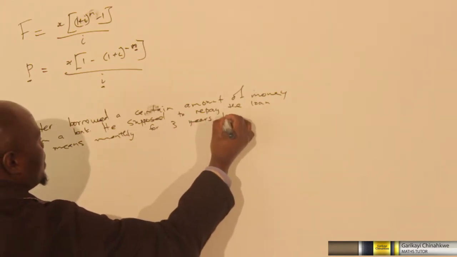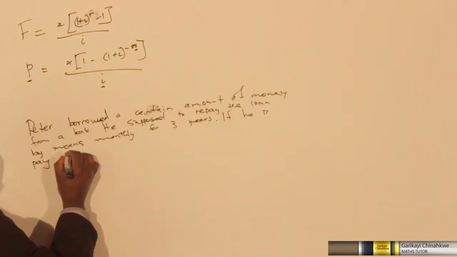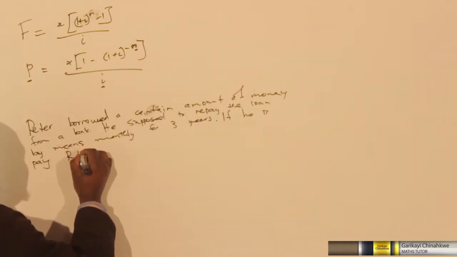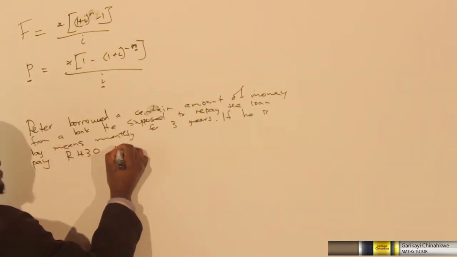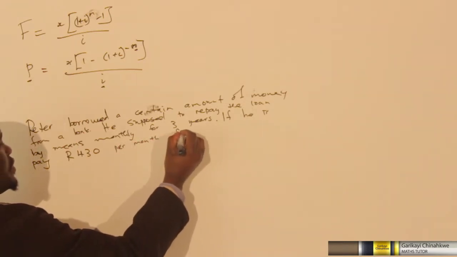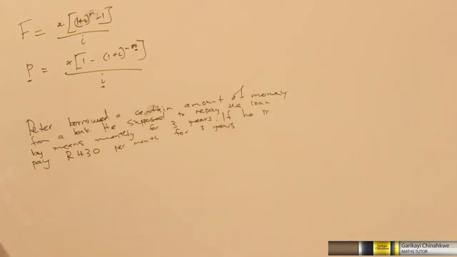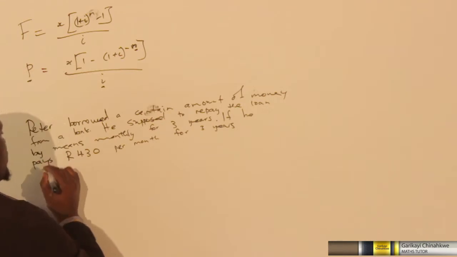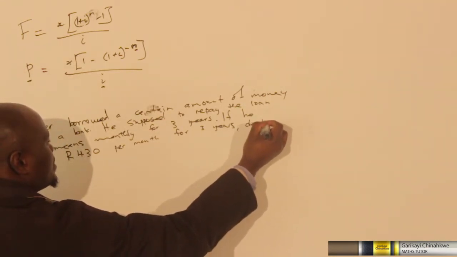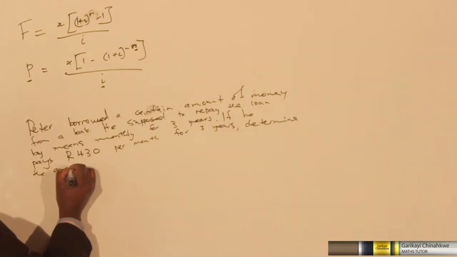If he's paying 430 rands per month for 3 years, determine the amount of money that you borrowed.